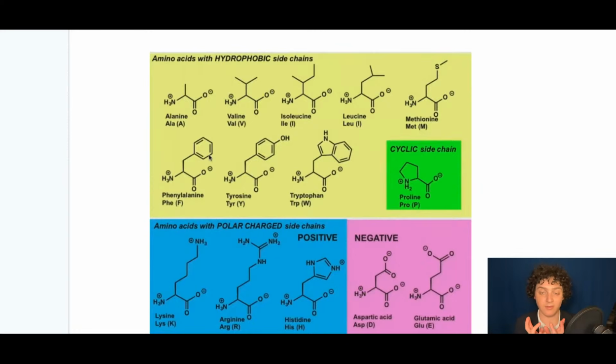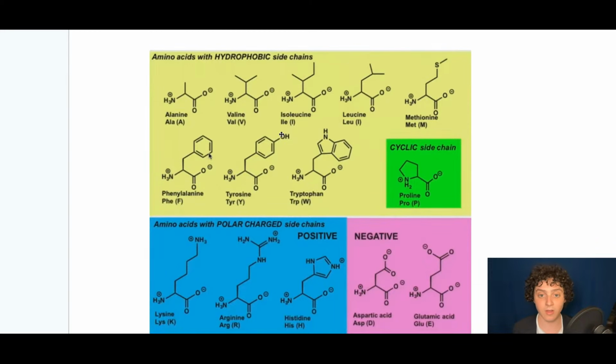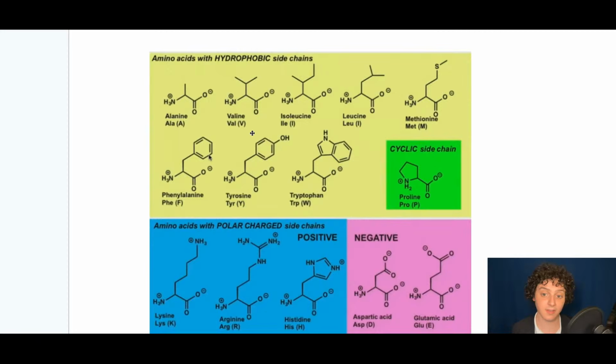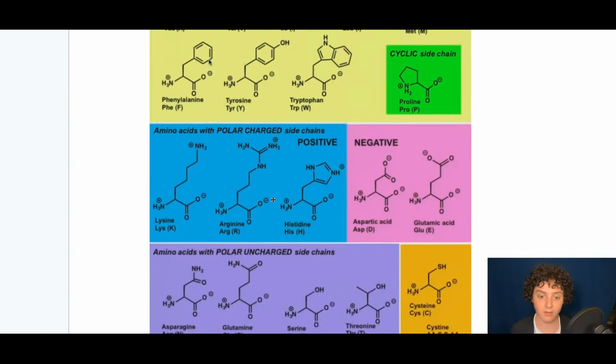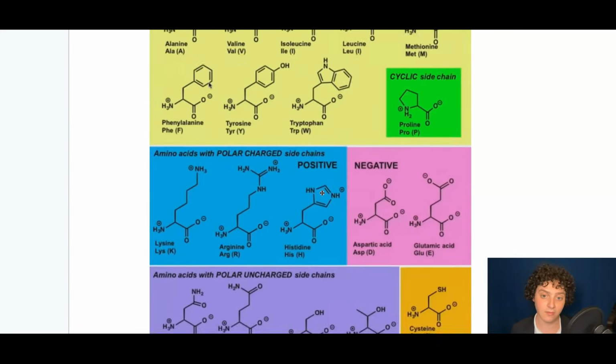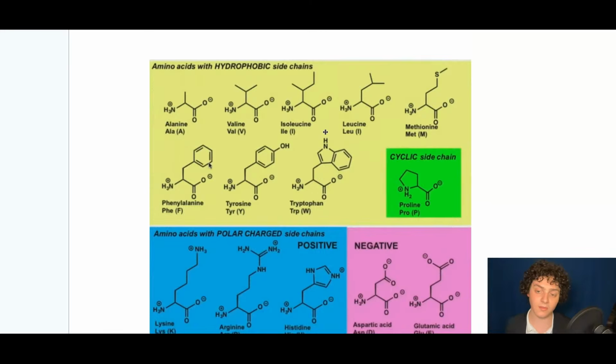And that is because the cell is a water-like environment. These side chains don't like water, so they're going to avoid that environment. They're going to be on the inside, whereas a side chain that is hydrophilic, which is essentially the rest of these side chains, is going to be more likely to be on the outside of a protein, and there are many exceptions.